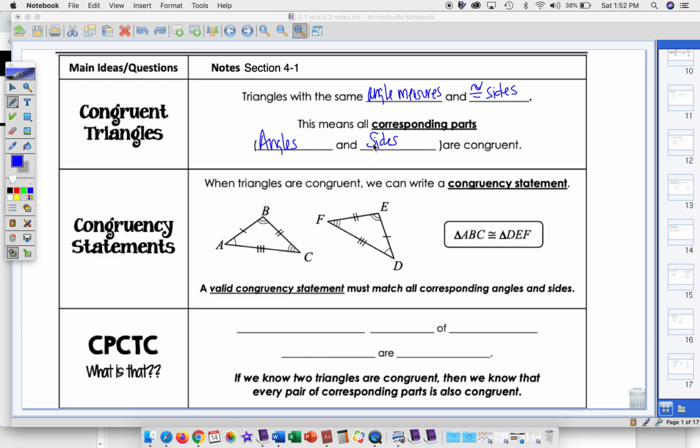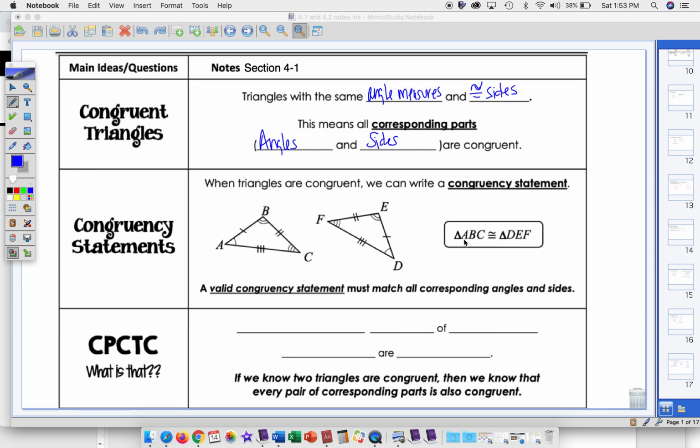Okay, now congruency statements. When triangles are congruent, we can write a congruency statement which looks just like this. So if you notice the markings on the triangle, if I look at angle A, from the statement, I really don't even need the diagram.